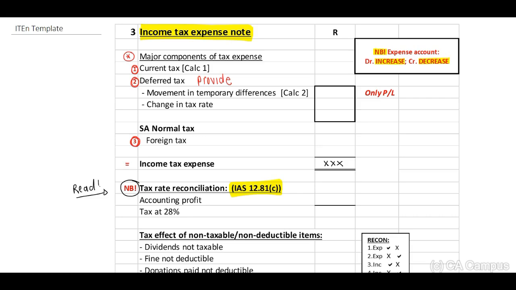Now, next step, you have completed your current tax and your deferred tax. We now need to transfer our current tax amounts and our deferred tax amounts to our template.